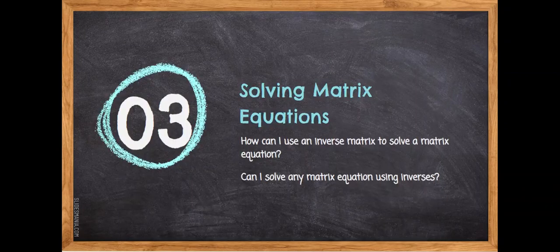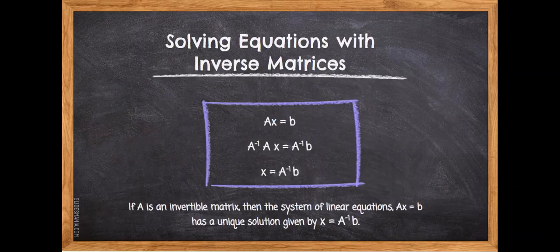Now we can use the principles of inverse matrices to solve matrix equations. In order to solve equations with inverse matrices, we might start with an equation such as matrix A multiplied by X is equal to B. Then we can multiply by the inverse matrix on both sides.